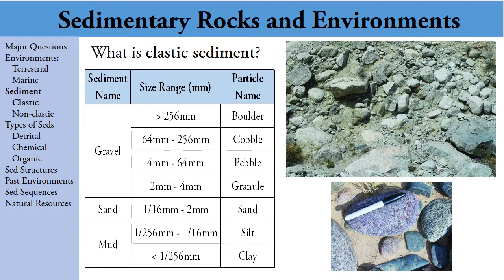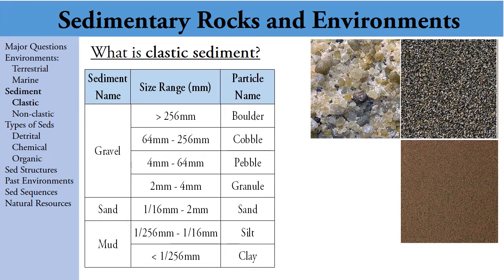Now granule and sand, those will kind of smear together. It's kind of hard to tell. Gravel's usually these really big particles, whereas sand has a range to it. Sand can be fine grained, like this really, really fine grained sand, it can be medium grained, or it can be pretty coarse, depending on the agent that carried the sand to the area.